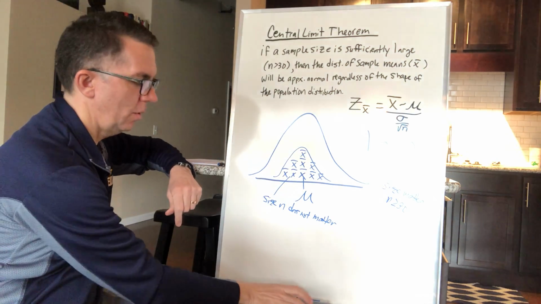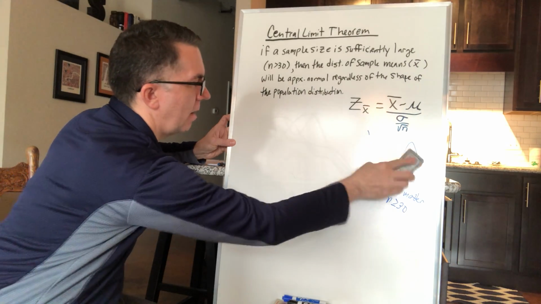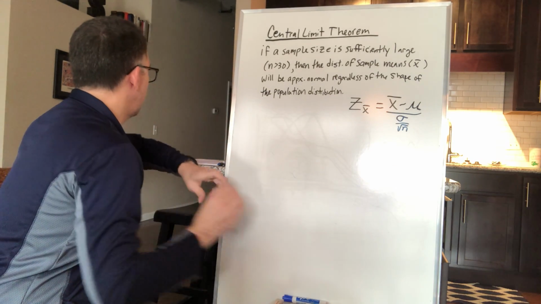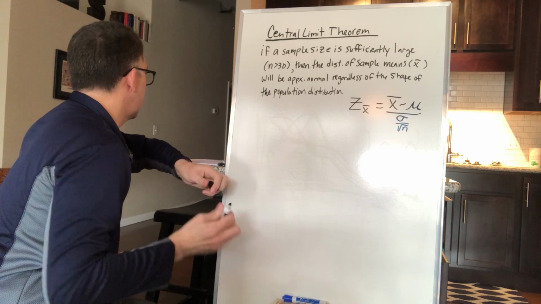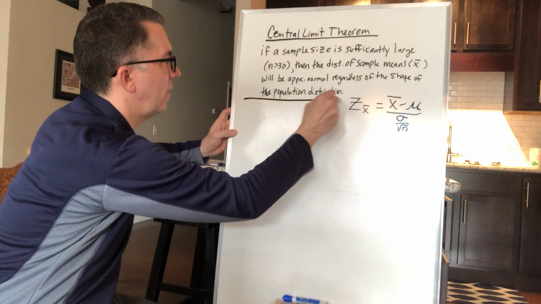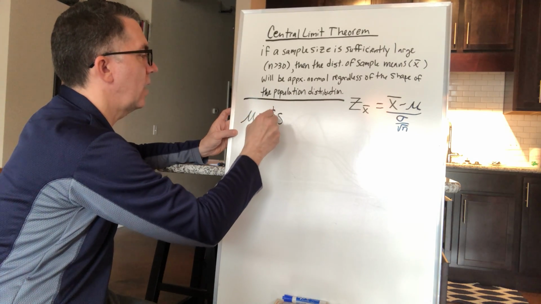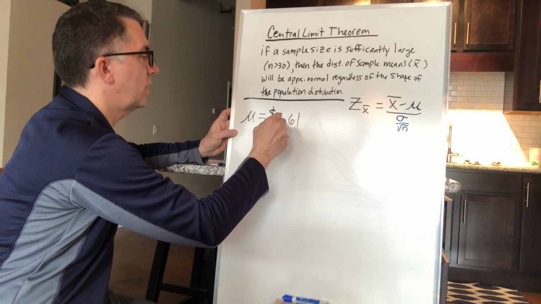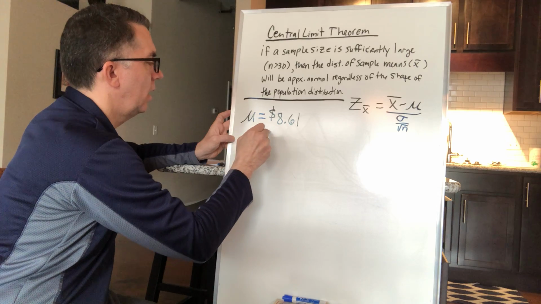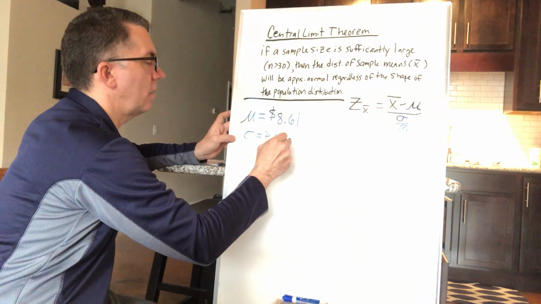Let's try an example problem for this kind of material. Okay? And let's see what this is like. So this one has to do with movies. All right, so the average movie ticket price is $8.61, with a standard deviation of ticket price of 1.39.